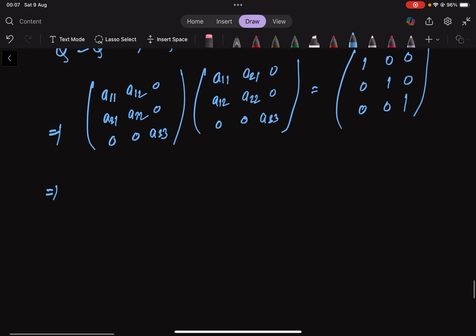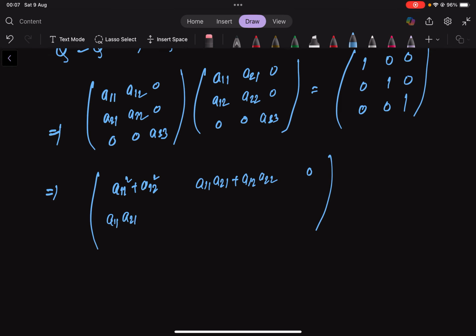Now that means the first row is A11 square plus A12 square, A11 A21 plus A12 A22 and 0. And the second row will be A11 A21 plus A22 A12, A21 square plus A22 square and 0, and then 0, 0, A33 square.